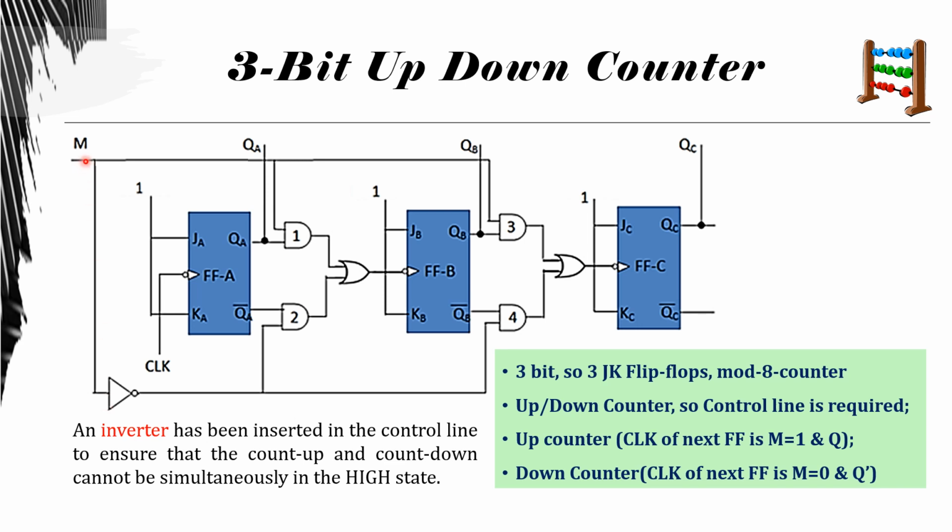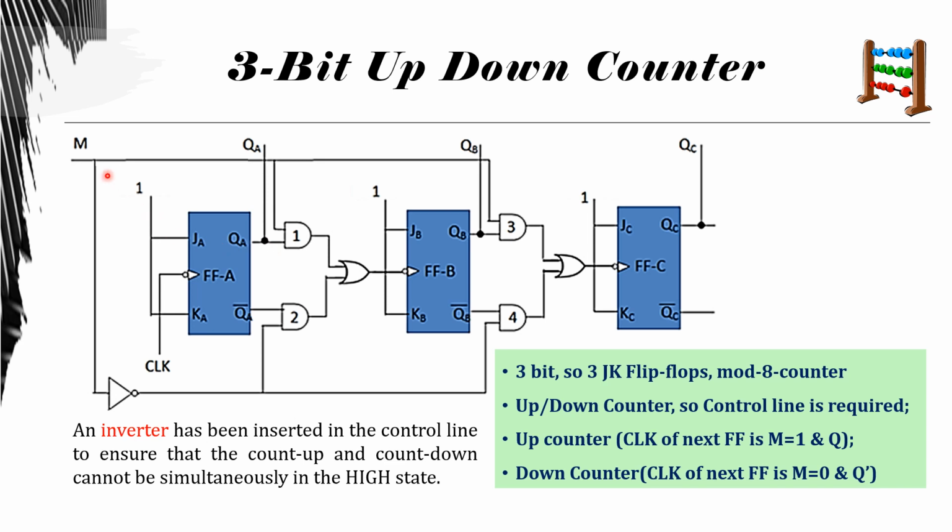For performing this up counting, we need to connect this Q as the input clock of the next flip-flop. This Q and this M line are connected to an AND gate. This AND gate will be enabled when M is equal to 1, that means we need to perform the up operation, so we are taking the value of QA.